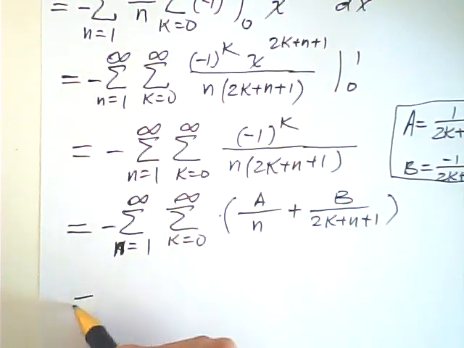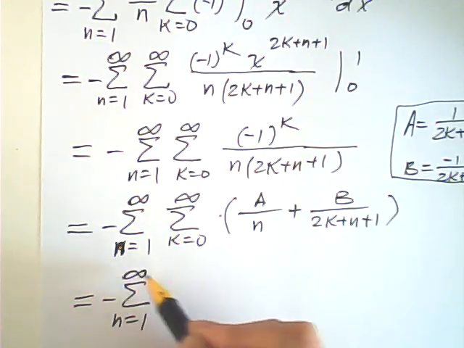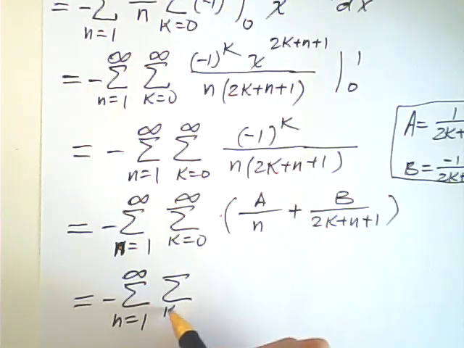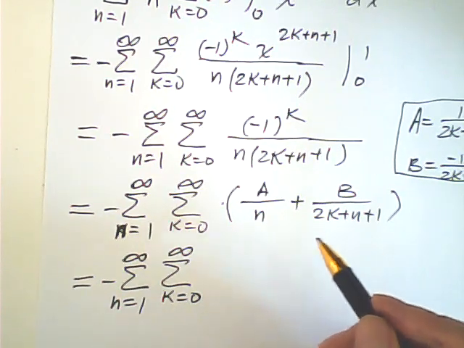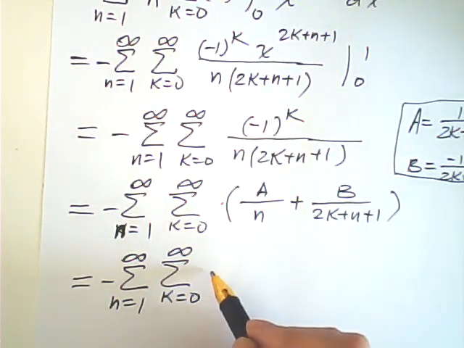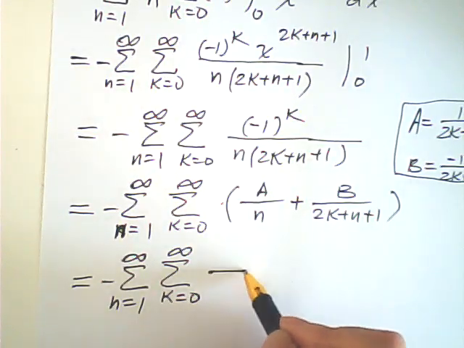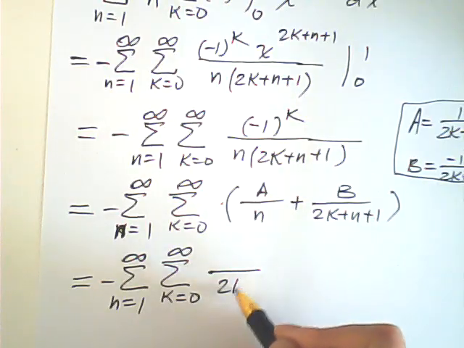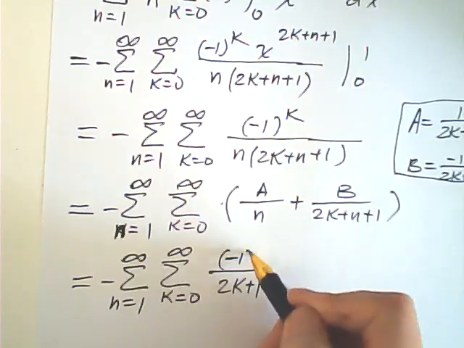So we have a negative sum, n equal to 1, k equal to 0. All right, then take this out. We're done.